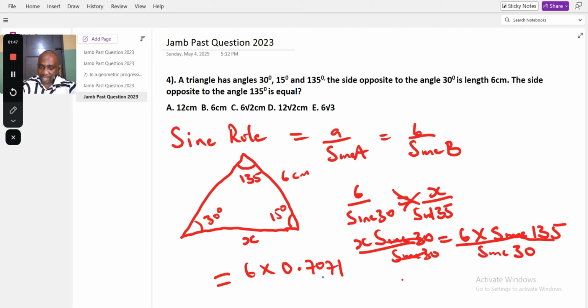Let me stop at 4 decimal places. Divided by, what is our sine 30? Our sine 30 is 0.5. Yes, I know that one, I don't need to press the calculator. So we are going to divide 0.7071 by 0.5.